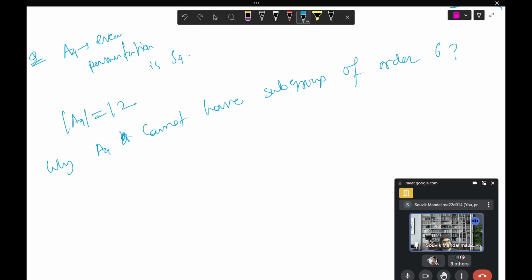I mean, the thing is, it is not directly related to what we have done until now. It is not related to a counting argument. Okay, it's a purely group theory problem now. Now think about it. Why can't it have any subgroup of order 6? Only a group theory argument will work, no extra argument. Think about it.